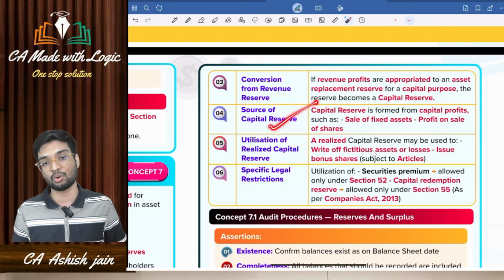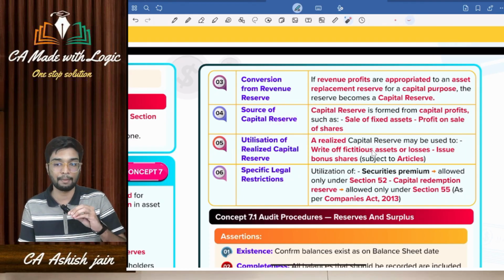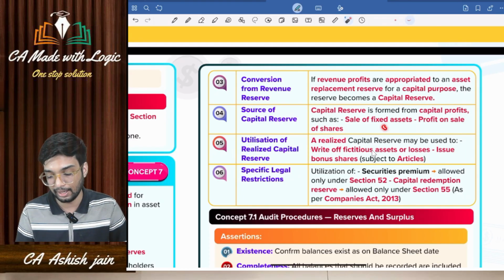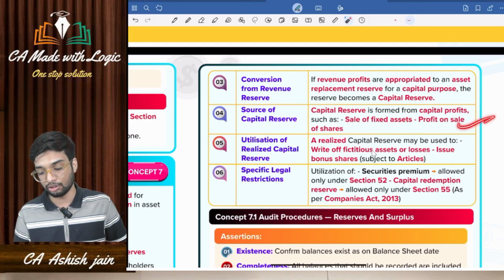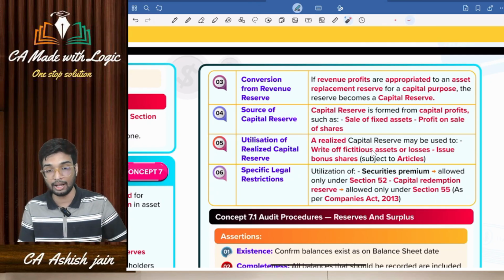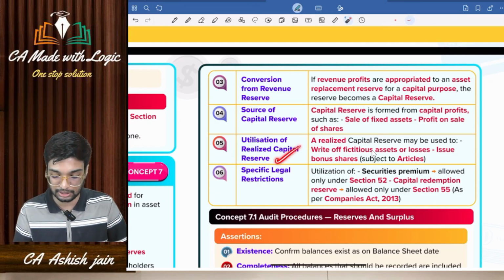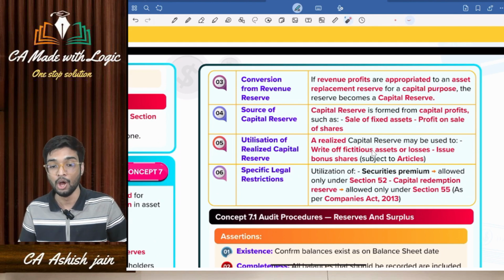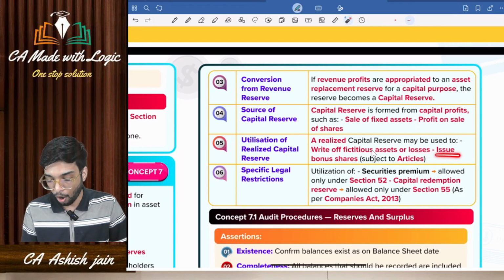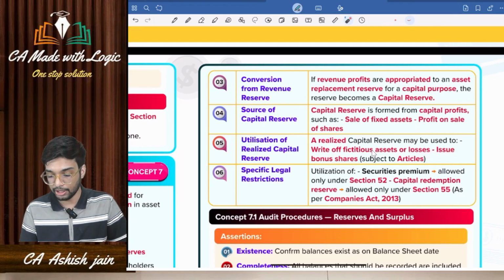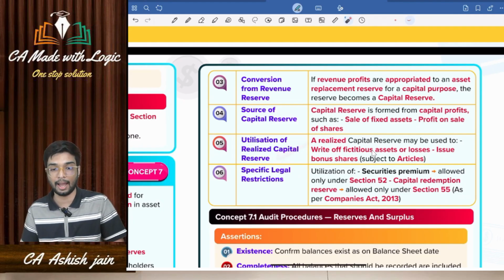Then comes the source of capital reserve. Sources are the sale of fixed assets, through which you can gain capital reserve, or profit on sale of shares. Then utilization of capital reserve: you can utilize it for writing off fictitious assets or losses, or for bonus issue; for issuing bonus shares also you can utilize capital reserve.